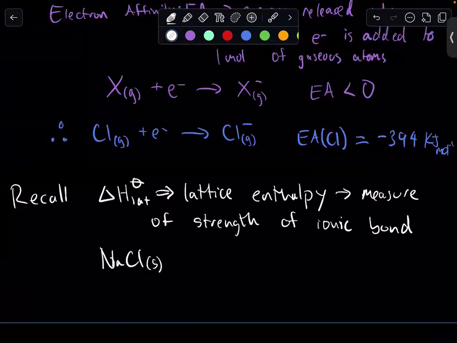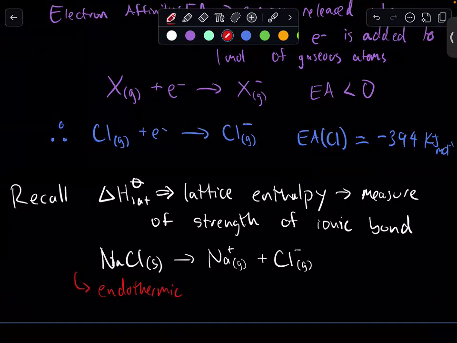And this is kind of the inverse of the equation we're looking for. NaCl solid becomes Na plus gas plus Cl minus gas. This is the inverse of what we've been trying to find. We also know that this reaction is definitely endothermic. So why am I bringing it up?